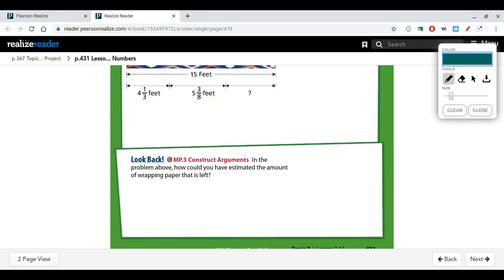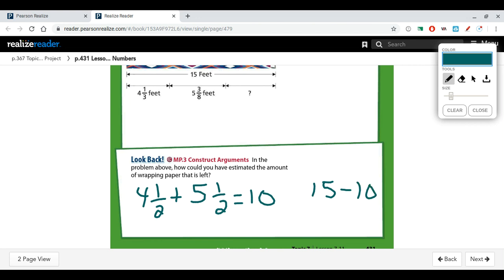We talked about this in yesterday's problem: 4 1/3 is going to be about 4.5, and 5 3/8 is going to be close to 5.5, which gives me 10. Then 15 subtract 10 gives me 5. Our answer was 5 and 7 24ths, so our answer was reasonable.